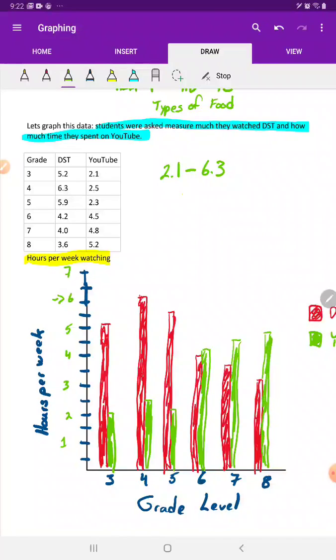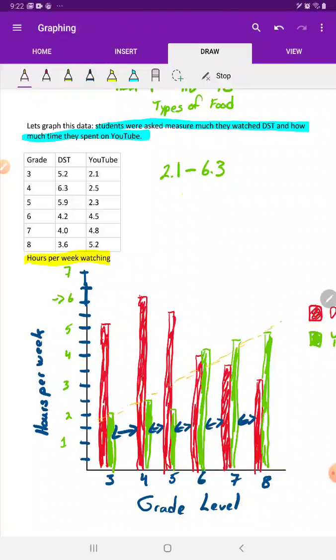Okay. So, do you see how I have a space in between my two sets of data? I don't put them right side by side, but I do put the ones that belong together. This kind of data gives so much information. So for example, I can see that as students get older, they tend to watch more YouTube.